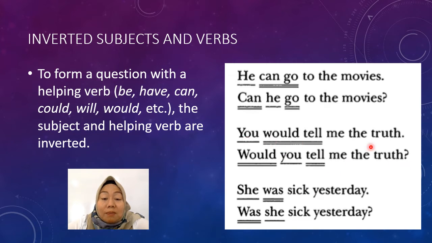So if the sentence has a phrasal verb, only the first one is moved to the beginning of the sentence. She was sick yesterday. This is the third example. If you want to ask a question, it becomes, was she sick yesterday? So that is the inverted subject and verb.